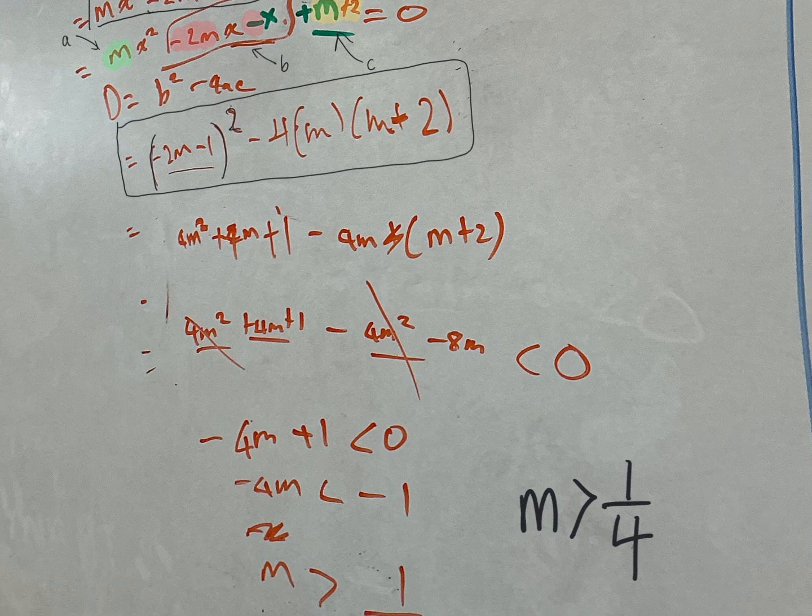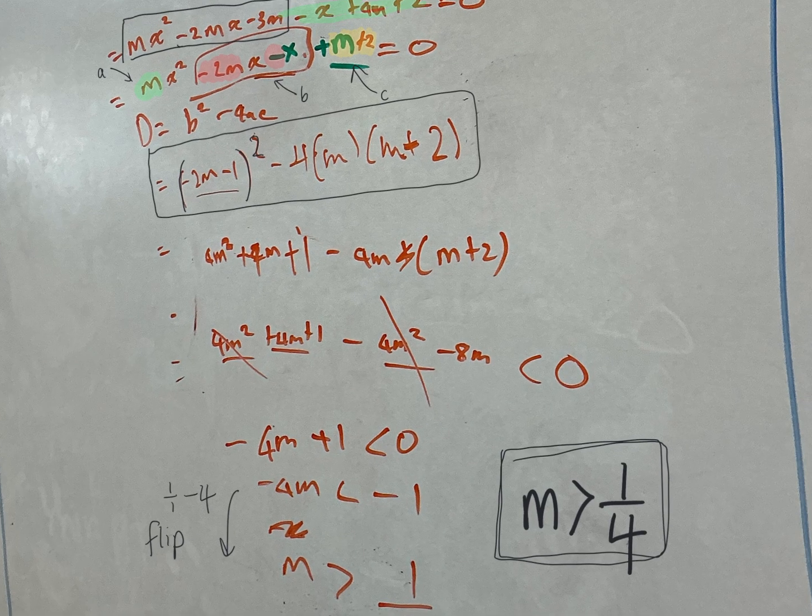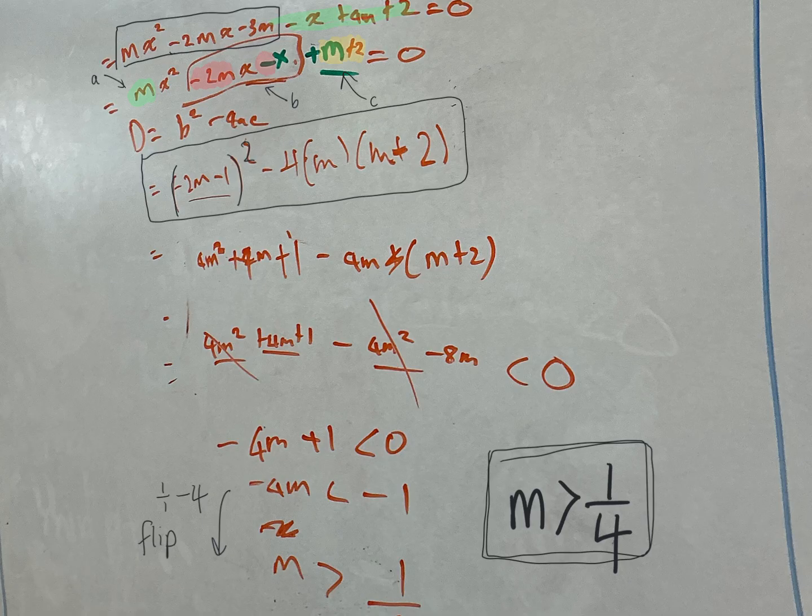Oh no, correct. Minus 8. When you divide by a negative on both sides, you remember you need to flip the sign. So it must become greater. Correct or not? Okay, double check this one.